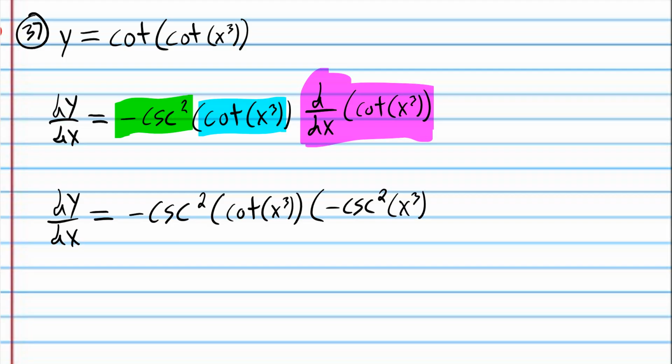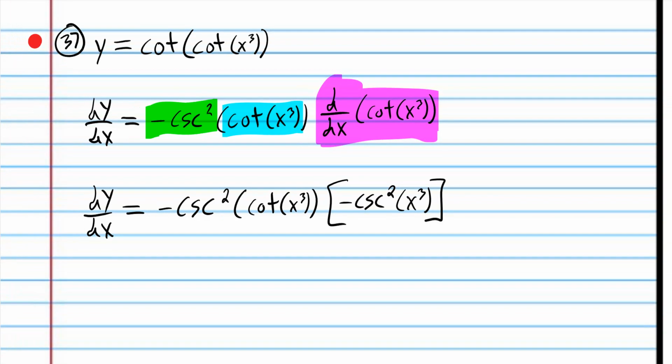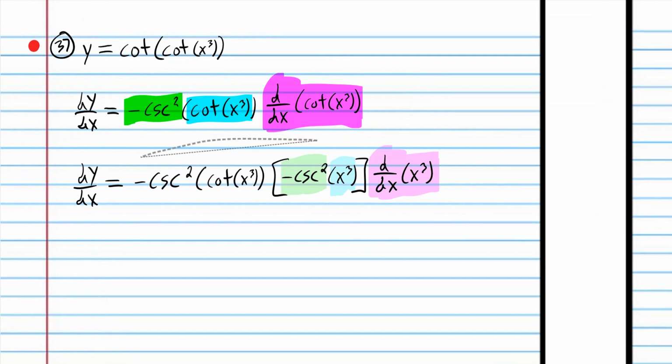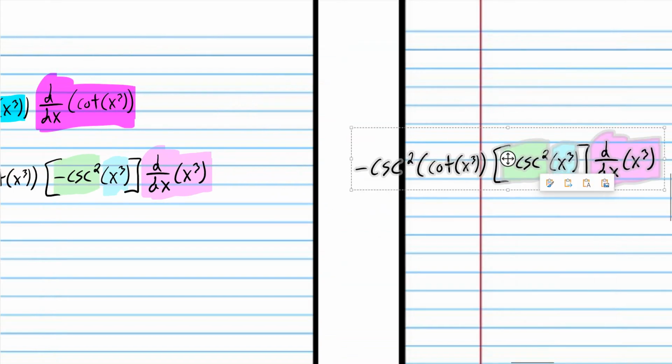And probably be good if we used brackets. So we found the derivative of the outside function, and we kept the inside function the way it was, and then we're going to multiply by the derivative of the inside. So again, you don't have to rewrite all this. I'm just rewriting so we can retrace our steps and figure out how to do this.